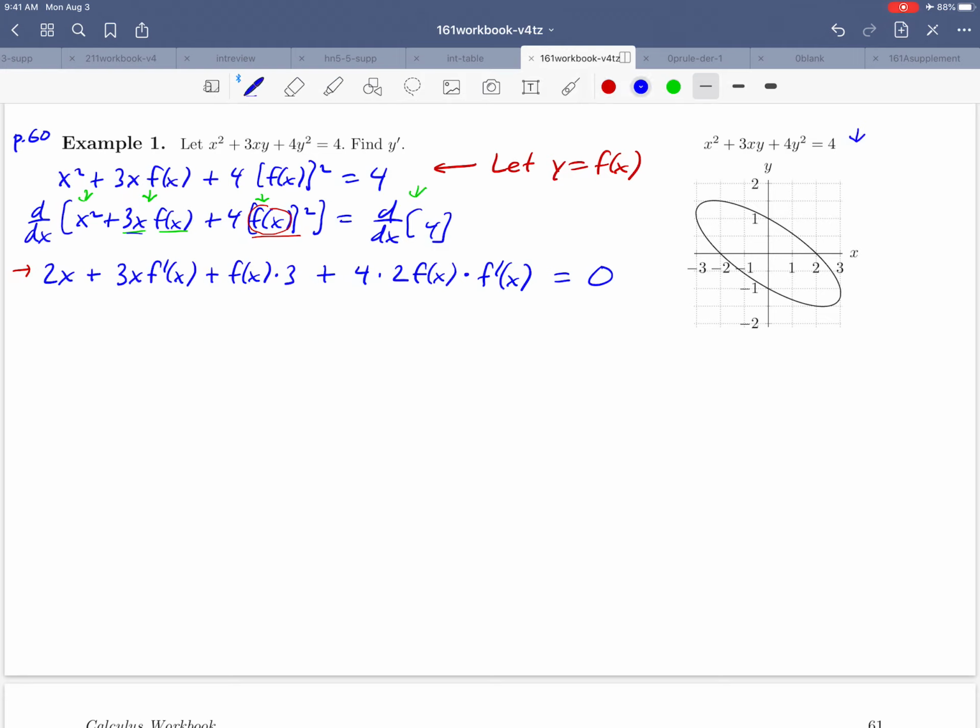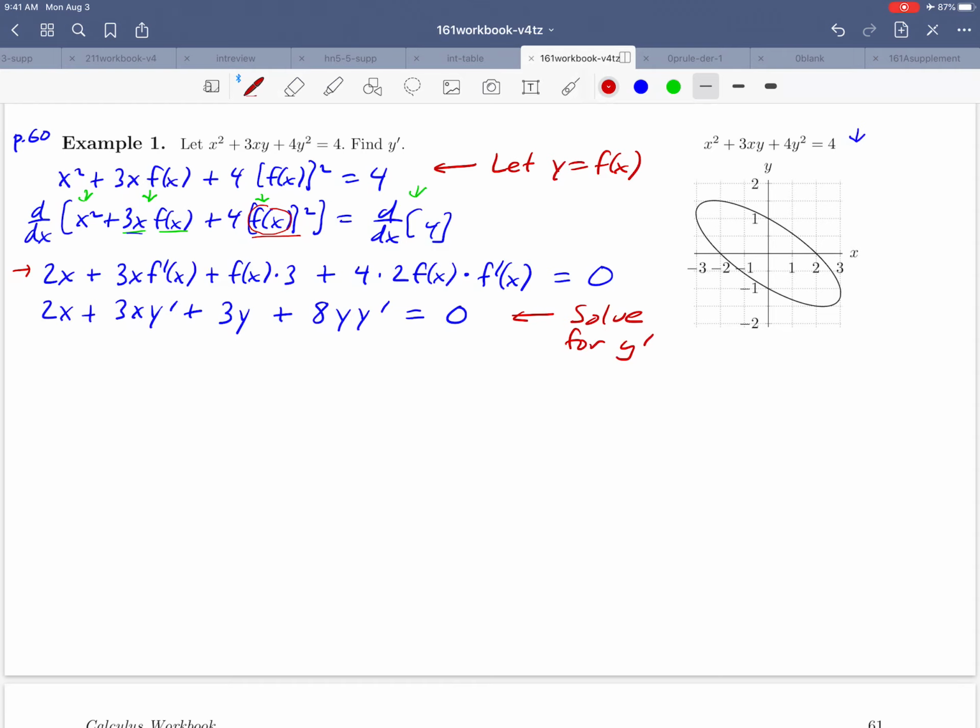So we'll replace every f of x that we see with y, and every f prime of x with y prime. f of x times 3, that's y times 3, which we could write as 3y. And then 8y prime equals 0. So we've taken our derivatives. The very last step now is to solve for y prime. That's what we're trying to find here.